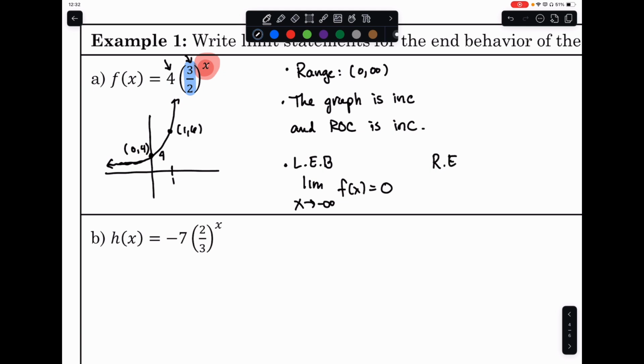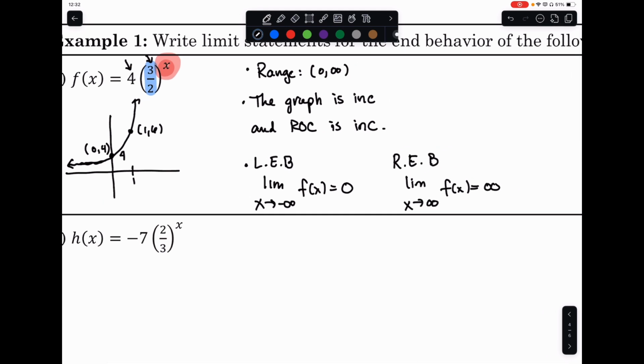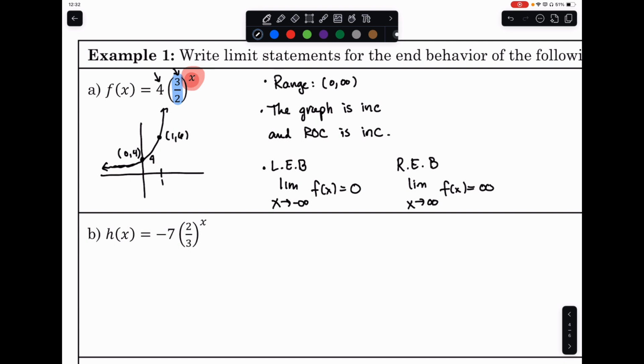And the right end behavior is unbounded, so the right end is going towards positive infinity. So there you have the key characteristics to this function for f.